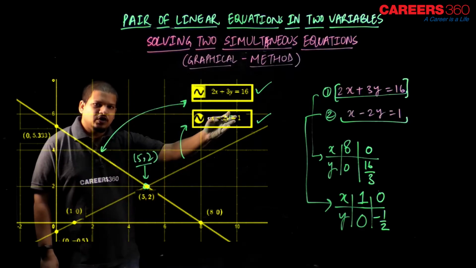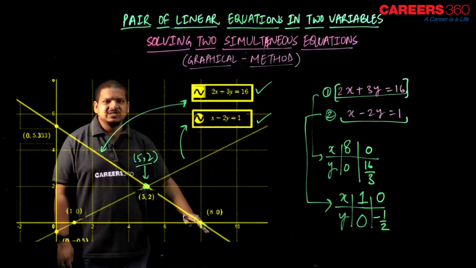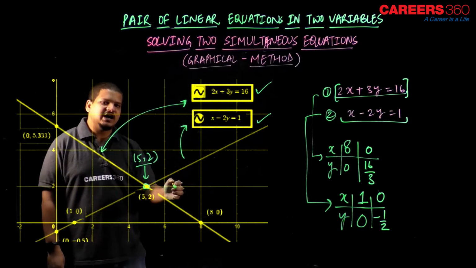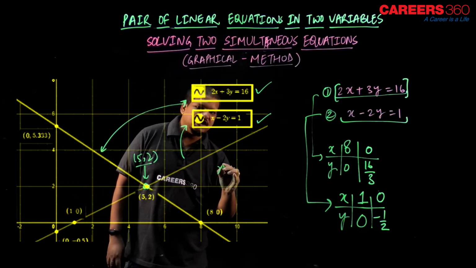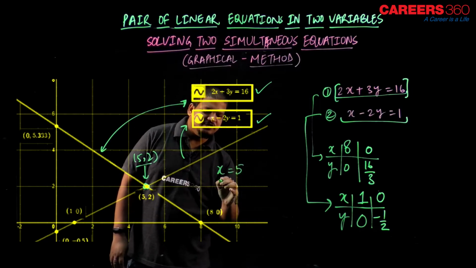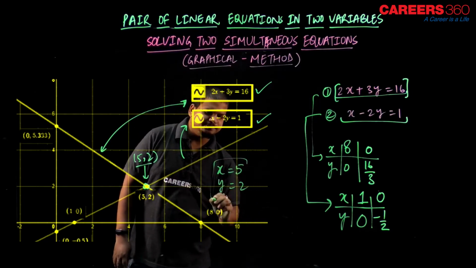So if you want to find the solution of these two lines, the value of x will be 5 and the value of y will be 2.